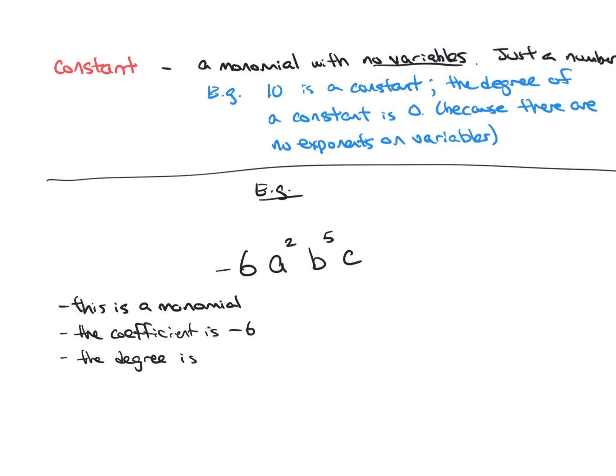So the degree is 2 plus 5 plus 1. The C has an exponent of 1 on it. And so the degree is 8. And it's also not a constant. This is a monomial that is not one of the special ones called a constant. Okay, good. We're doing well.